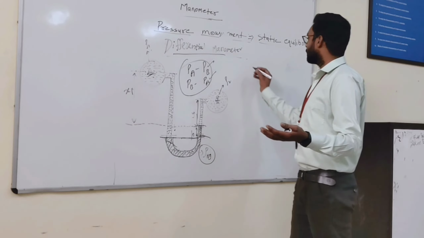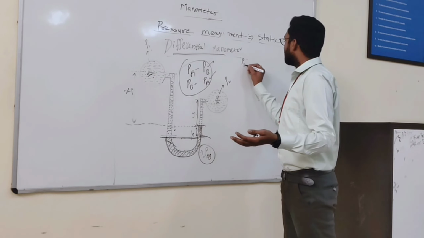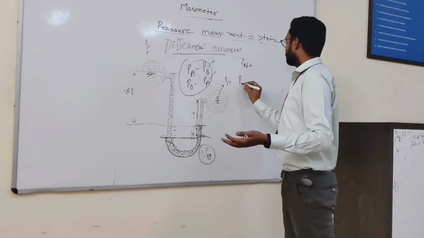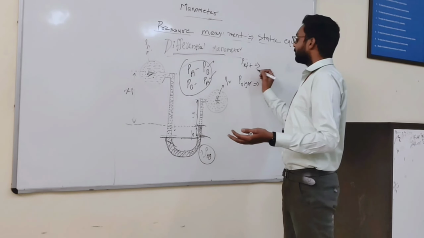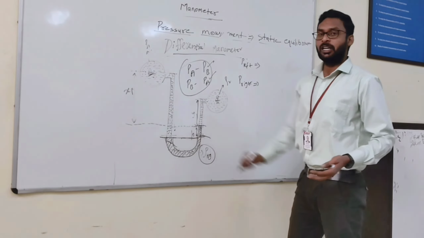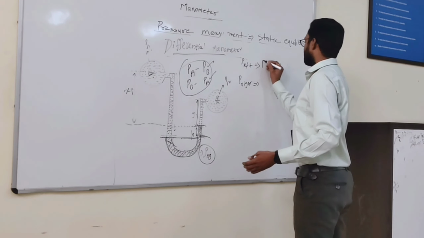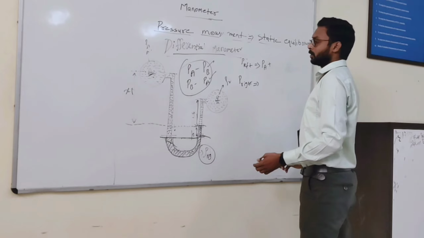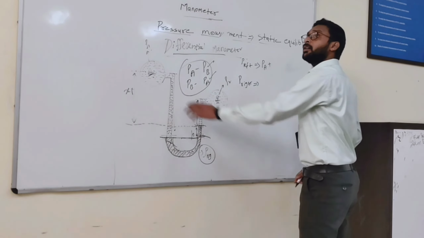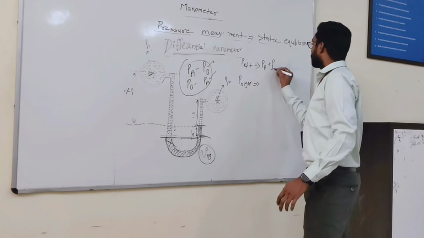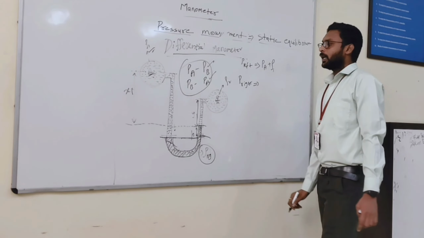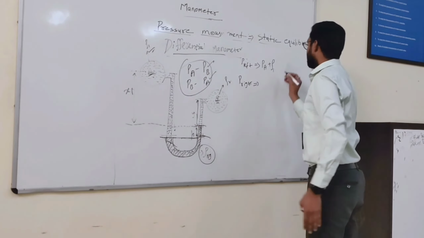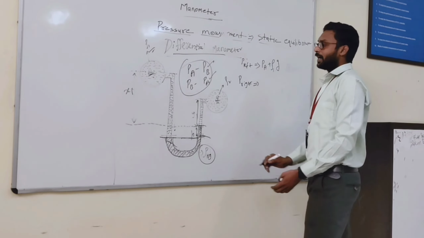So as we have calculated earlier, P left and P right we will write down. What is the P left? The pressure of the liquid in the left side, that is PA, plus the density of the liquid, that is rho 1, as I told you, and gravitational acceleration G, and the height of the liquid.